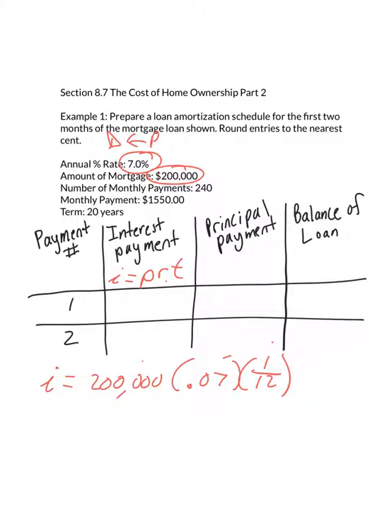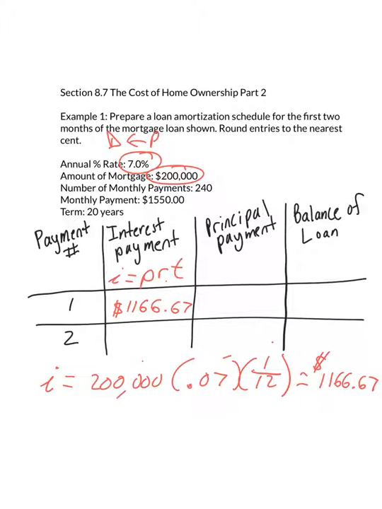And you should be getting 1,166.6 repeating. So that's going to round to 67 cents approximately when we round 2 digits out to the nearest cent. Since the third digit is a 6, we round up. So I'm going to go ahead and put that in the table as well. 1166.67.